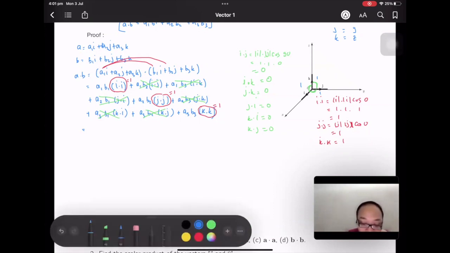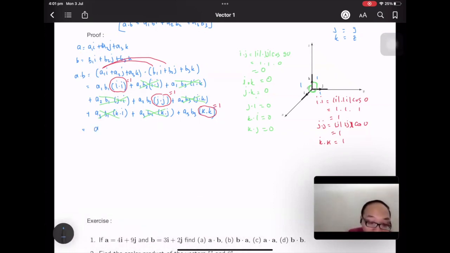So finally, we remain with A1B1 times 1 plus A2B2 times 1 plus A3B3 times 1, or simply A1B1 plus A2B2 plus A3B3.